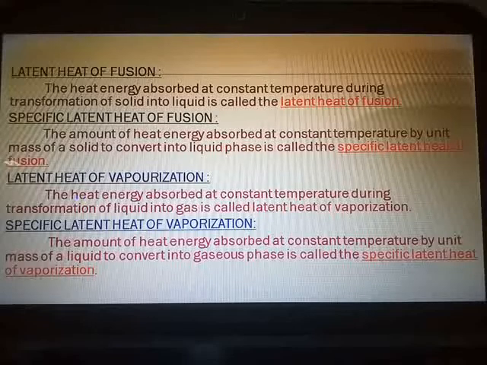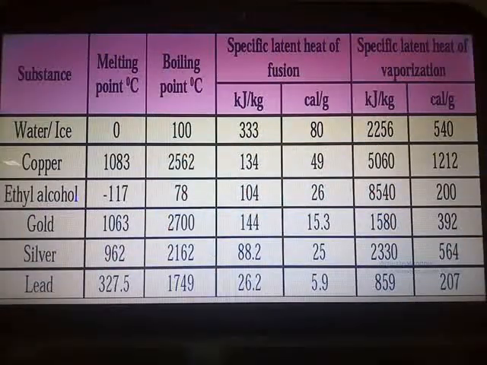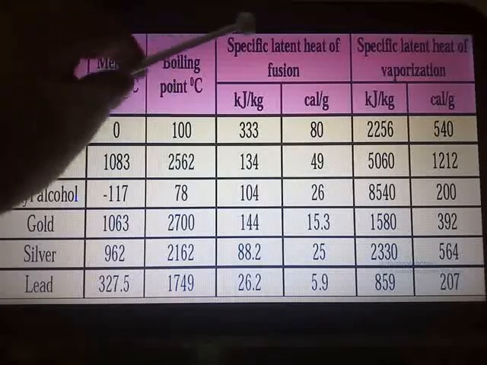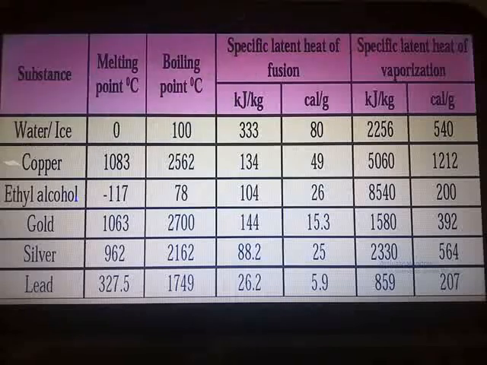You have a chart in your textbook wherein they have given you the names of the substances, their melting and boiling points, and the specific latent heat of fusion and of vaporization. You don't have to learn anything, you don't have to remember anything. Only for water, the melting point and boiling point you remember; the other values you just go through for your information.